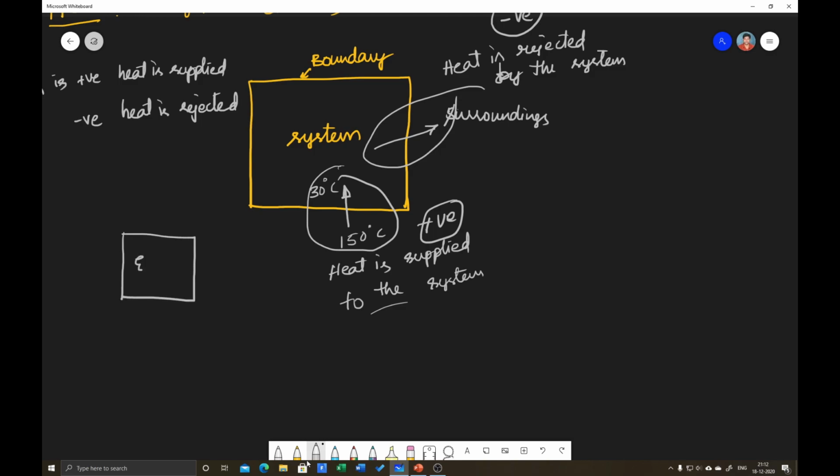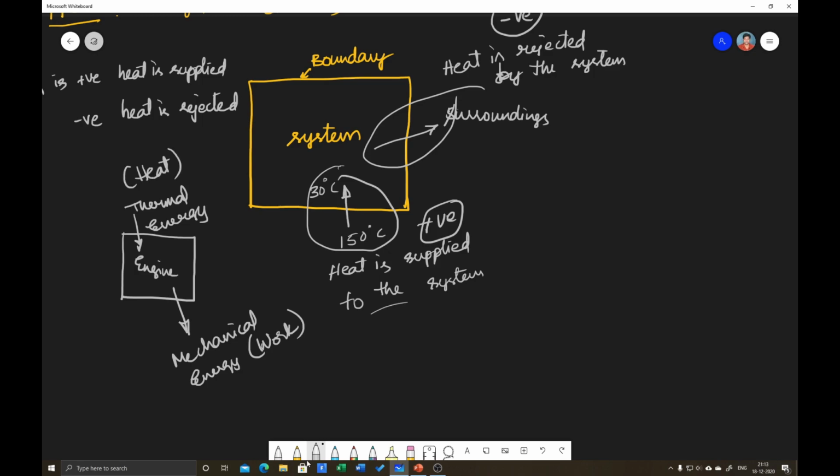What is the purpose of an engine? An engine has to take thermal energy, that means heat energy, and convert it into mechanical energy, which is work. An engine has to convert heat into work. So that is easy. Our aim in this subject is to study how to convert heat into work.